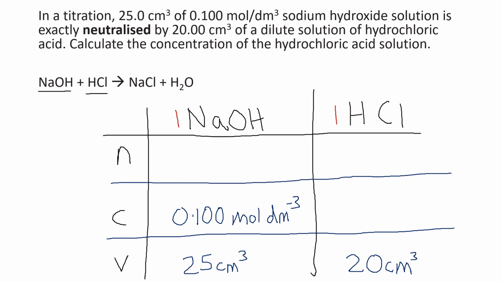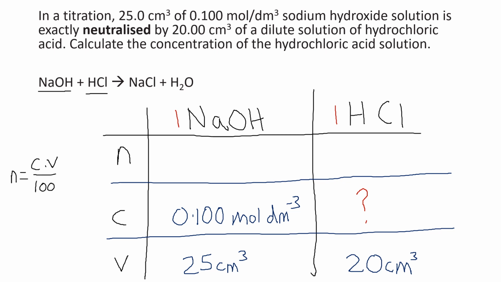And the aim of this question is to calculate the concentration of the hydrochloric acid. So the first thing we do, if we know the concentration and the volume of the sodium hydroxide, is work out the moles. So to do that, we do N equals C times V over 1,000.